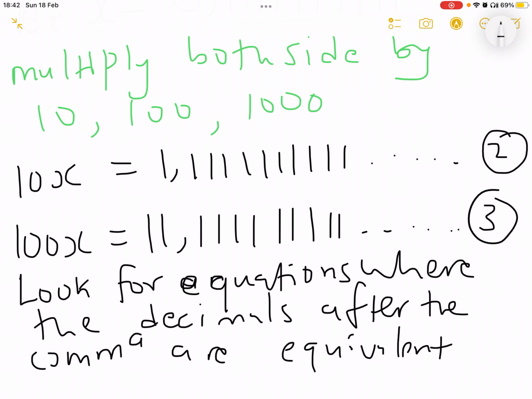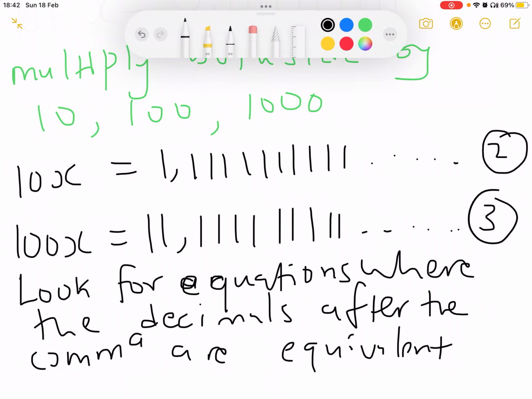We can already see that this decimal here, this decimal here, and the first one are all the same. So we can just choose the first equation and the second equation, and we're going to use them.